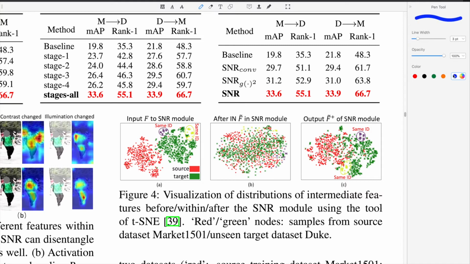So let's say, this is the feature F, which is prior to the SNR module, and this is the F squiggly, which is after the instance norm or the style normalization phase, and this is the F squiggly plus, where it does the restitution.